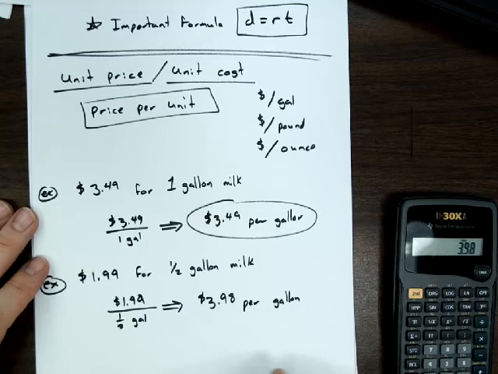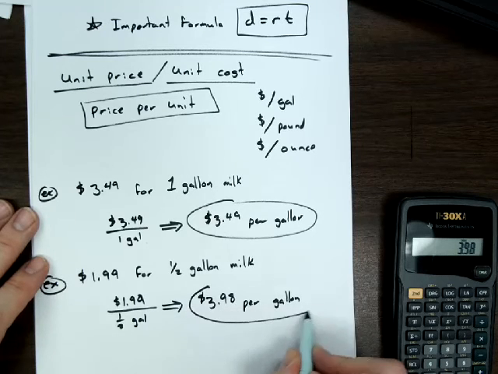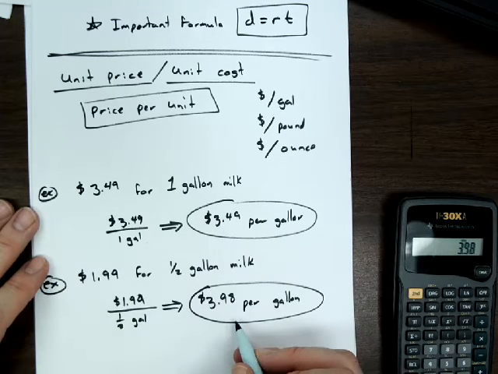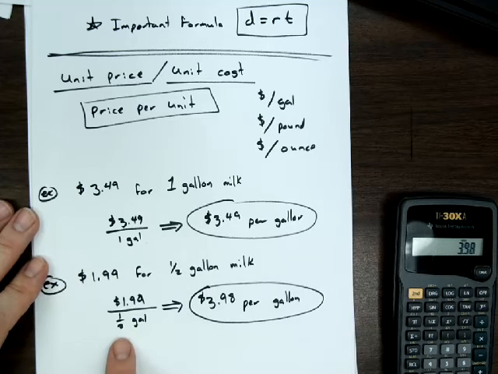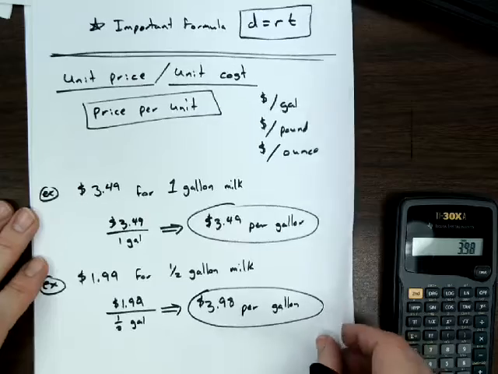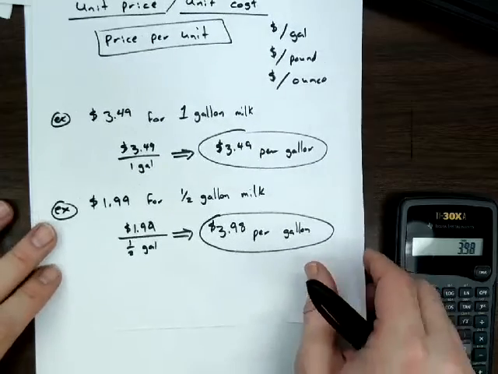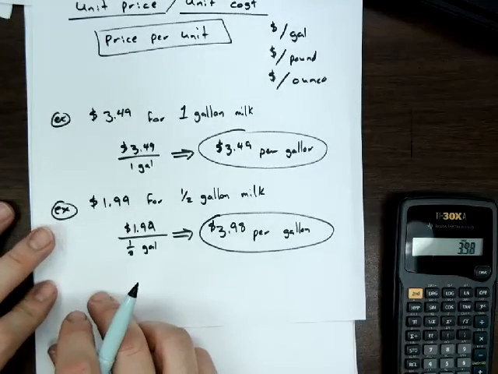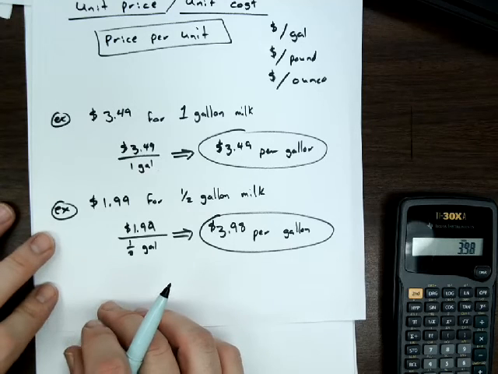So definitely, the price goes up. If I were only to buy half gallons, I would be paying more for the same product. This is part of that idea of economy of scale for most folks. But it also pays to watch it.